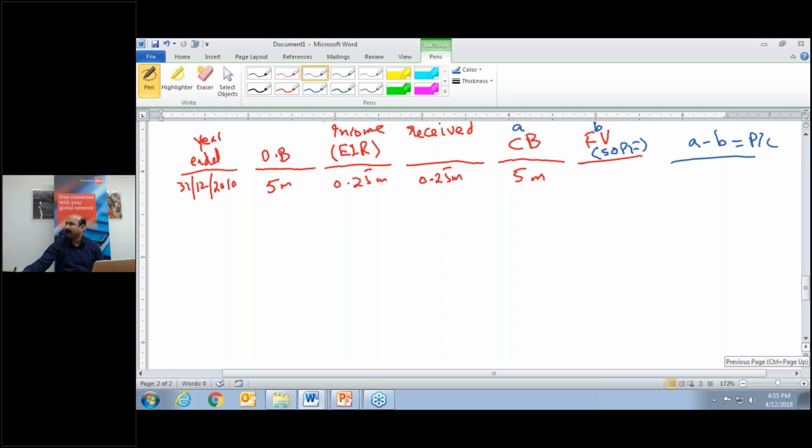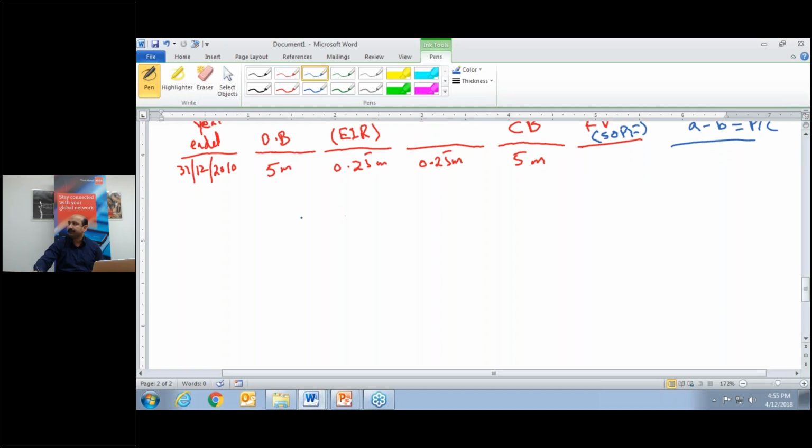As we learned yesterday, how can we calculate the fair value at 31st December 2010? After this date, the next year is 2011. This is the first year after this date, and then 2012, and then 2013, and then 2014.